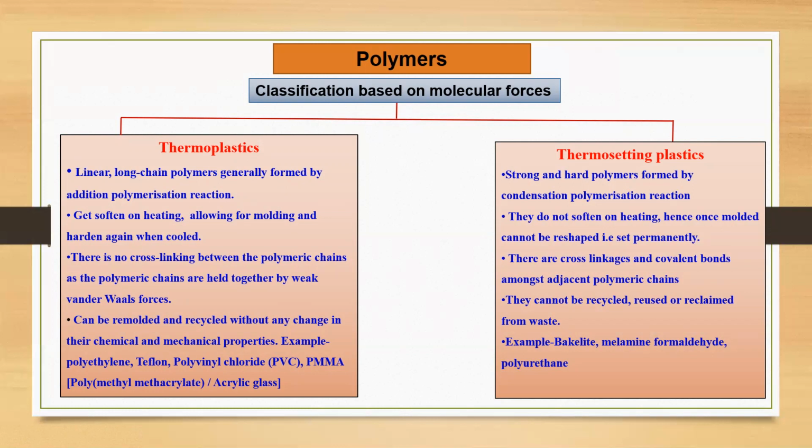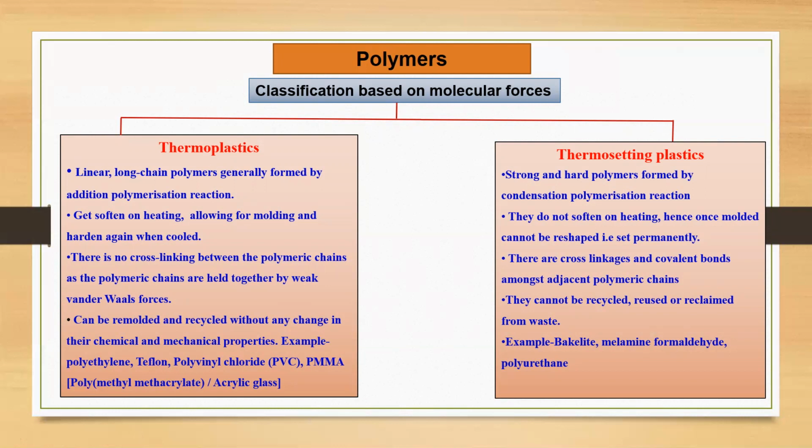Molding means they can be reheated and cooled again. And by doing so, we can say that they can be recycled. They can be remolded and they can be recycled. And in doing so, the chemical and mechanical properties of the polymers do not change.